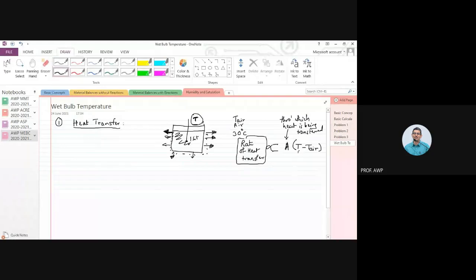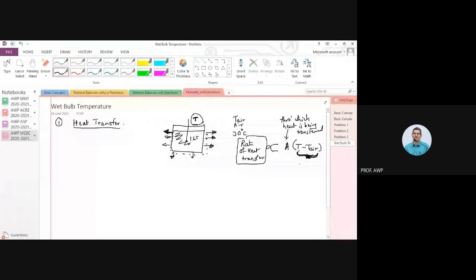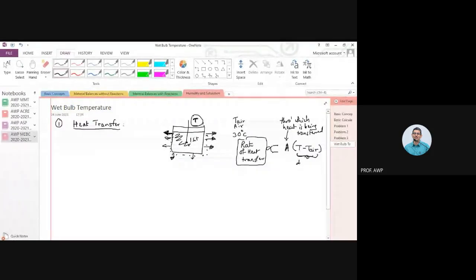And the temperature difference across which heat is being transferred. For a minute, we are going to call this a driving force for heat transfer.